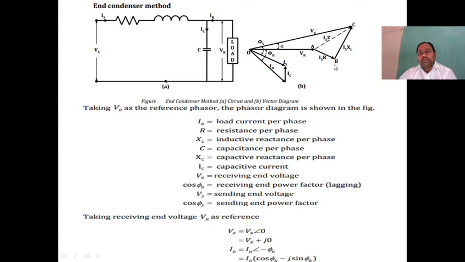Is into Z is R plus jXL, the resistive drop and the inductive drop due to the sending end current. So Vs is equal to Vr plus Is into Z.